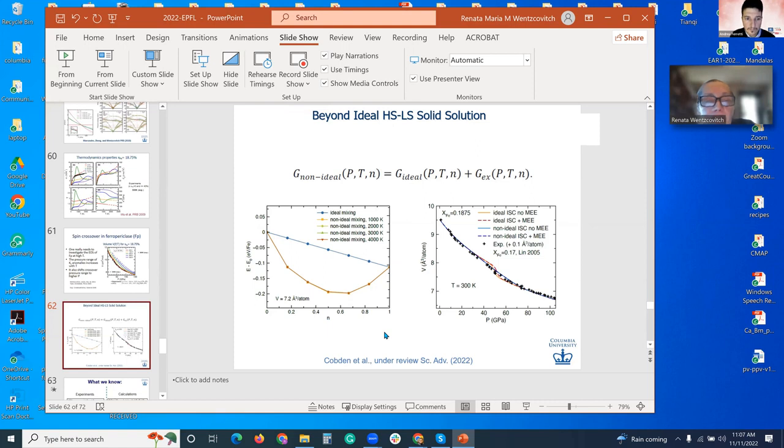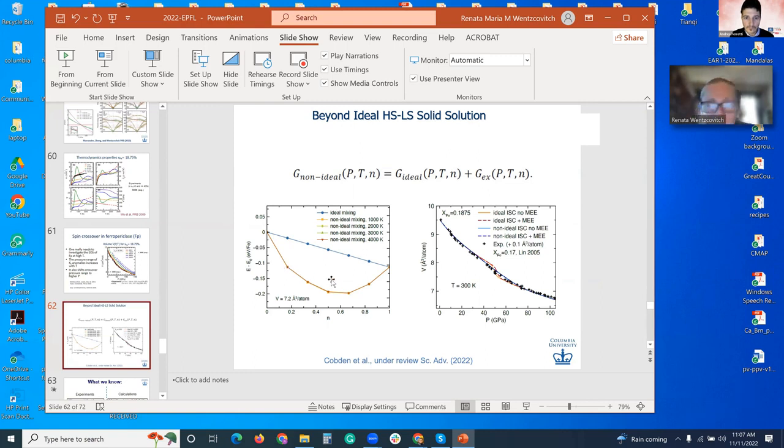And then you do calculations of all configurations, and this is the excess free energy that you get. This is the Boltzmann average, actually, with temperature, of the energy of all possible configurations, parallel and anti-parallel.